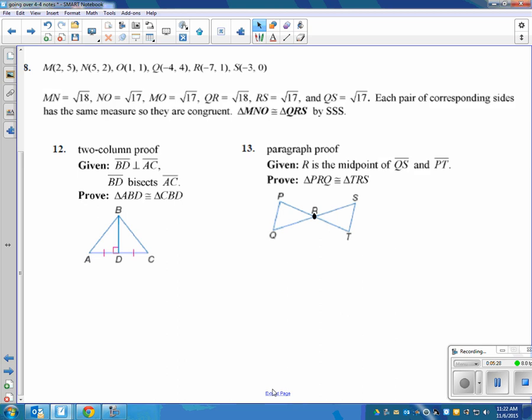Since R is the midpoint of QS and RT by the midpoint theorem, then you should be able to say the subsegments are equal to each other, right? So you should be able to say that QR is congruent to SR and that RP is congruent to RT. No, you had it right. I was saying that.